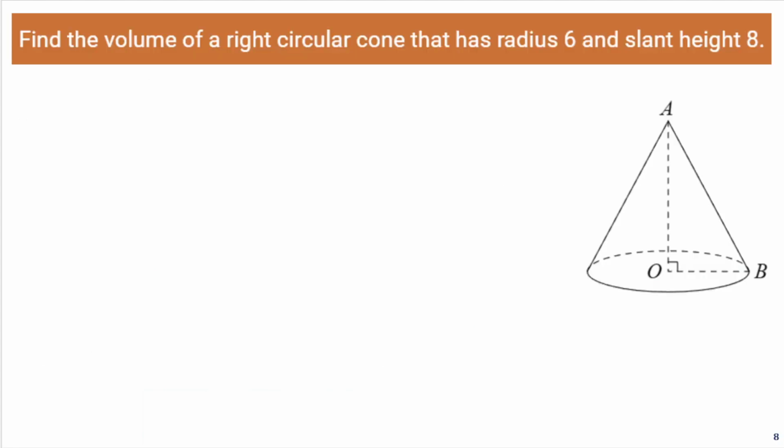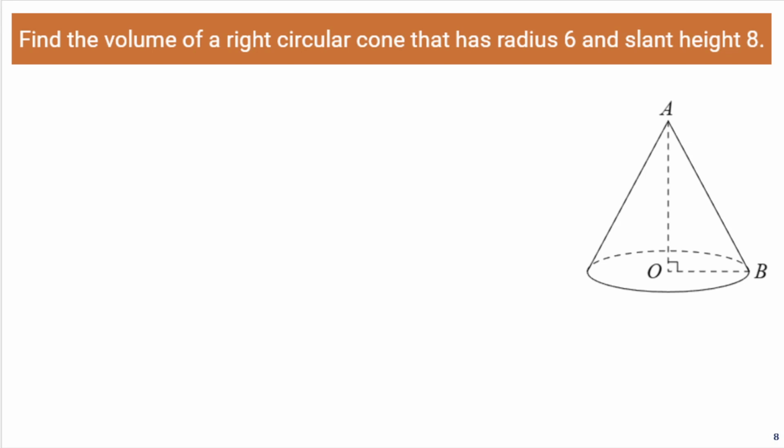Alright, next let's have a look at a very straightforward question here. Can you find the volume of a right circular cone that has radius 6 and slant height 8? So basically we need the height in order to find its volume, right? As we did with the pyramid, we can build a right triangle to find its height.